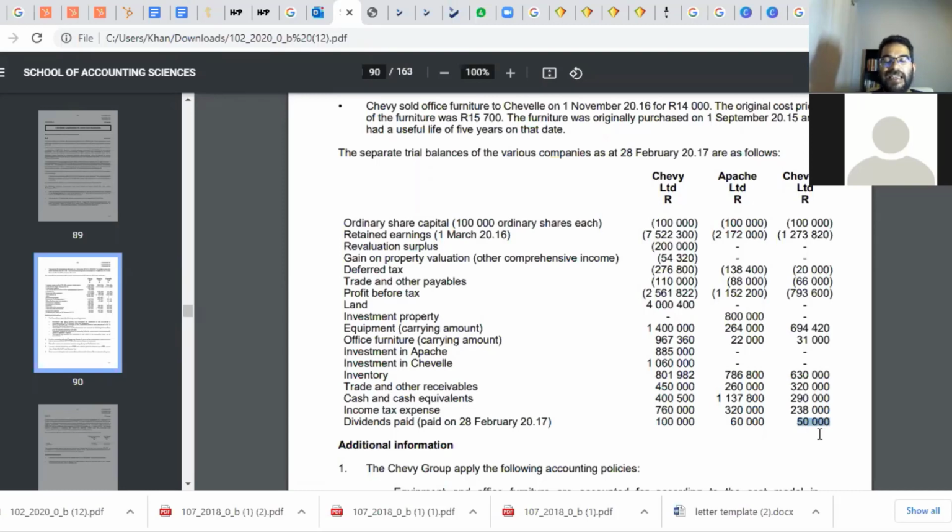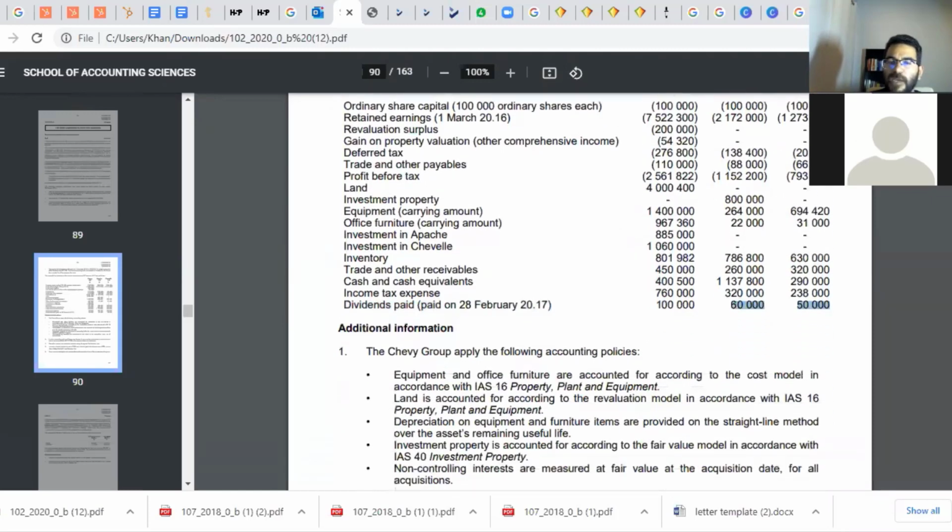It's never going to be sitting under intercompany transactions. You have to just make a note for yourself that when you read dividends paid, remind yourself that there's going to be intercompany dividend income for the parent. If the subsidiaries declared a dividend, in this case they did, the parent received their percentage. So we need to eliminate that because you can't receive a dividend from yourself.